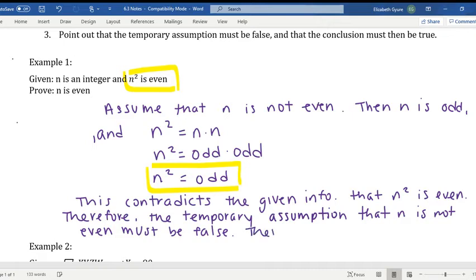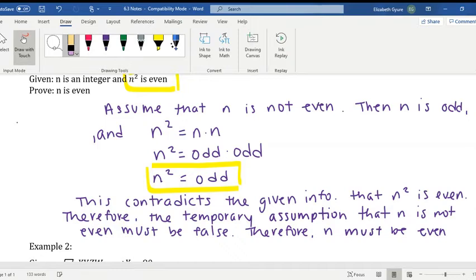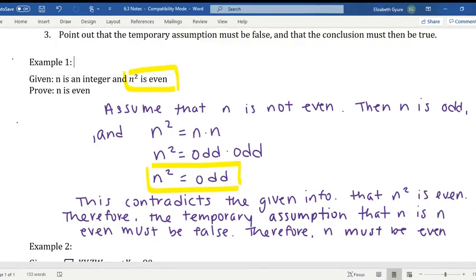Therefore, n must be even. So we're basically completing a proof by showing it can't be something else. So it's doing it in literally an indirect manner. Okay, so that's our basic format for that.